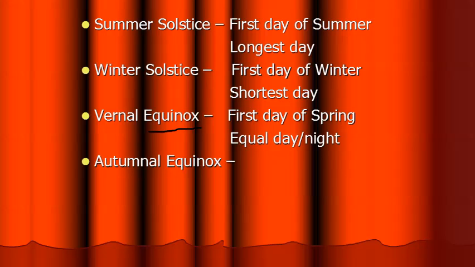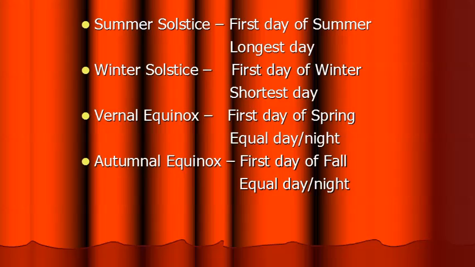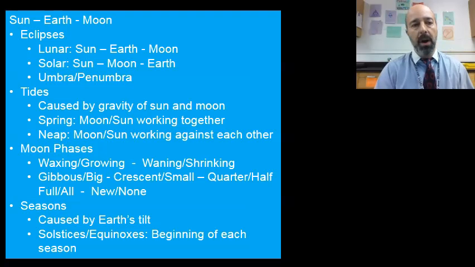Equa, like equal, and nox actually means night, so that word literally means equal night, and the reason they call it that is because the time when the sun is in the sky and the time when the sun is not in the sky, otherwise known as day and night, is equal during these two days. Last but not least, we have the first day of fall, the autumnal equinox, and we have equal day and night again.